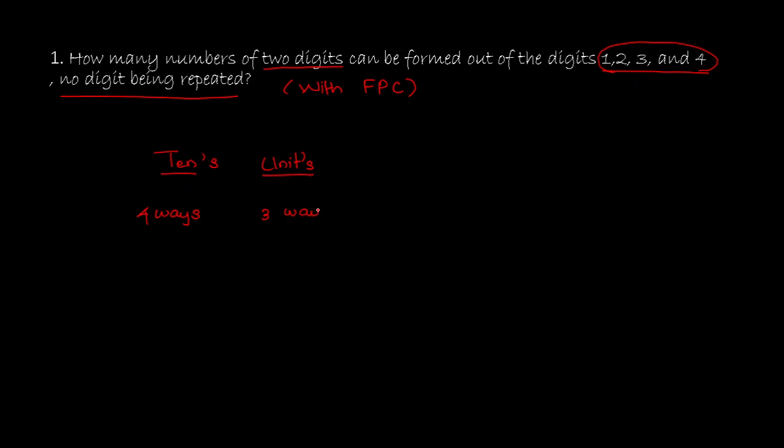So for the units, I have three ways. So the number of numbers is 4 multiplied by 3 equals 12 ways.